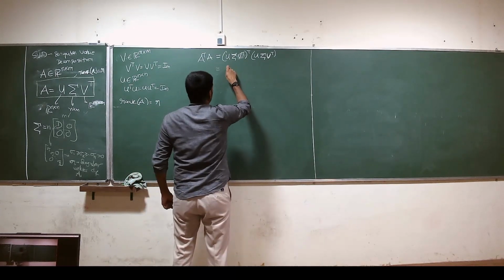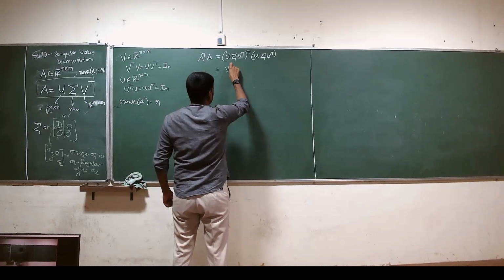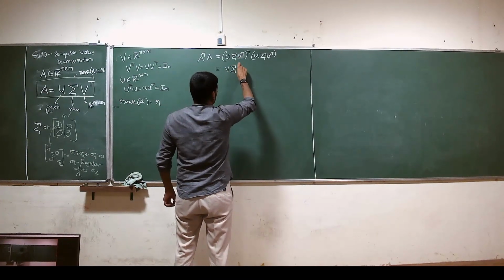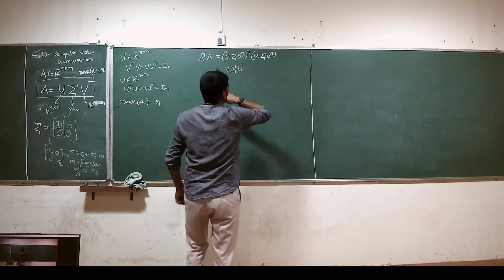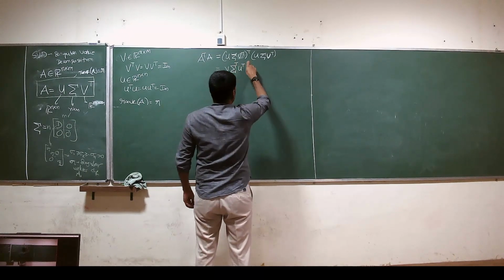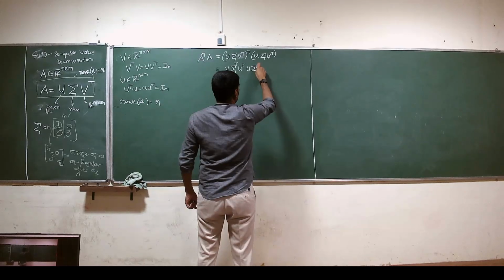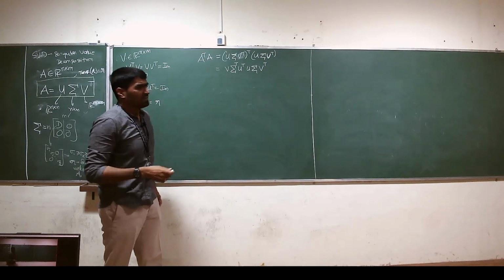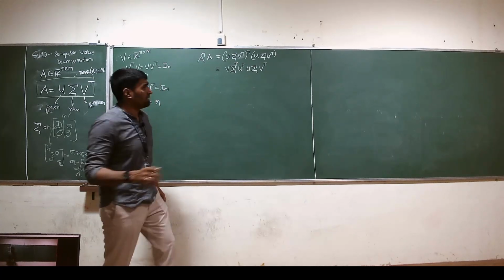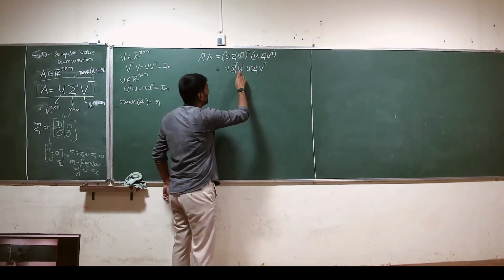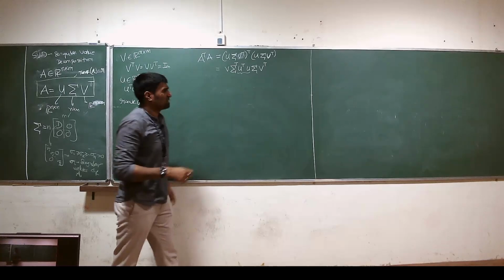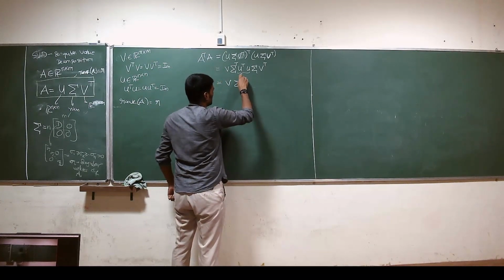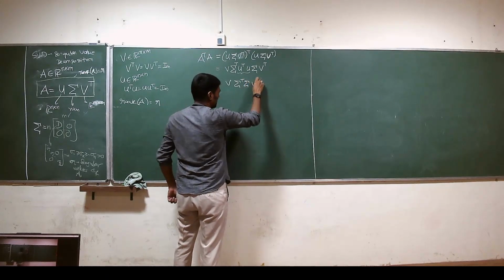If we take the transpose inside, this will be V sigma transpose U transpose, and then U sigma V transpose. U transpose U will disappear because it's an orthogonal matrix. So what you end up having is V sigma transpose sigma V transpose.